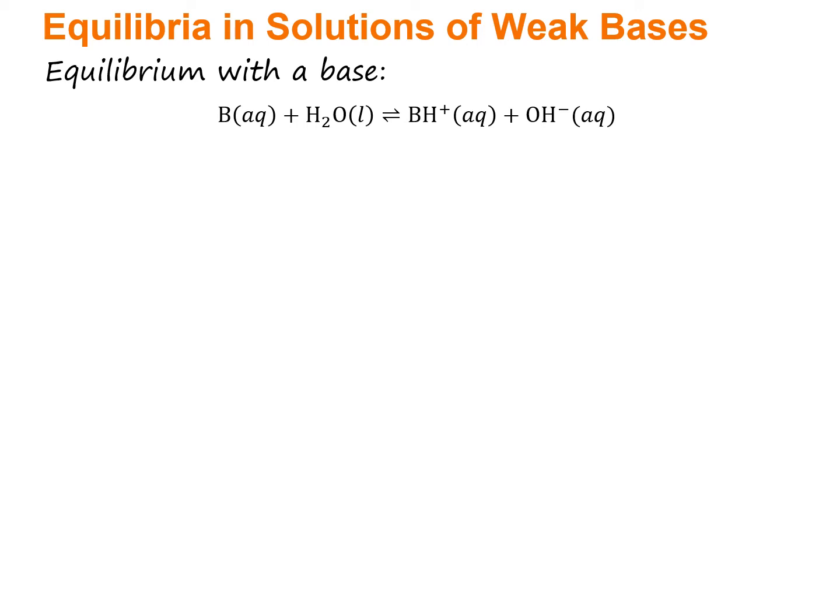And so the equilibrium constant in general can be written as just BH+ times the hydroxide divided by the concentration of B. And that is the, so again, here's another one of these times you're seeing a subscript on a K. This is the base dissociation constant. Before we were looking at Ka's, which was the acid dissociation constant. So yet another little equilibrium constant that we're throwing in there that is relevant to bases.